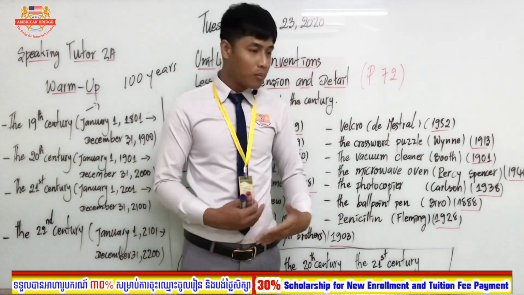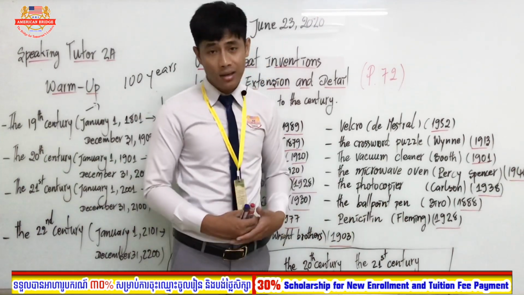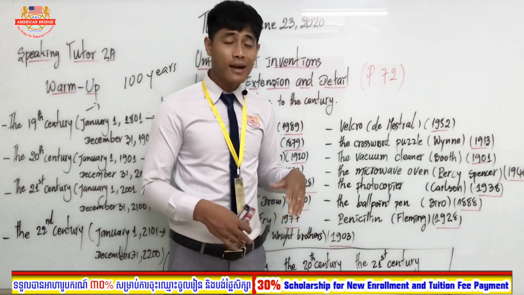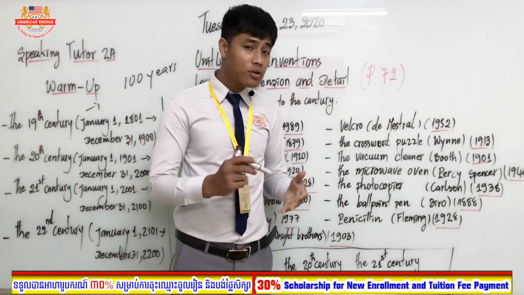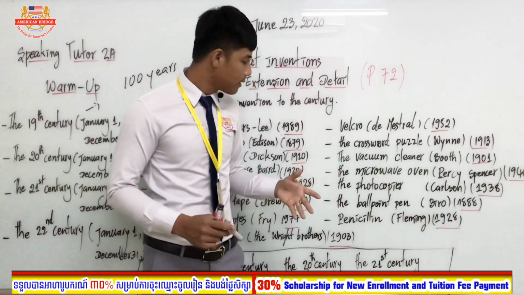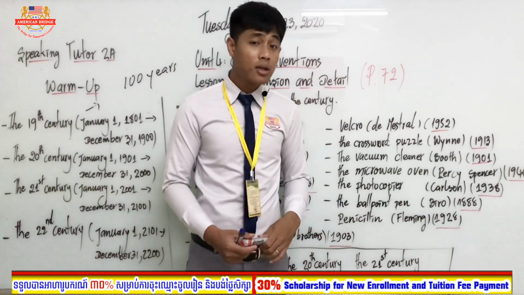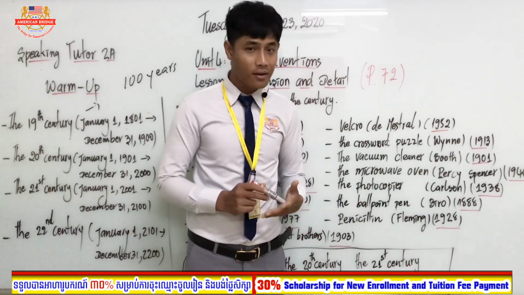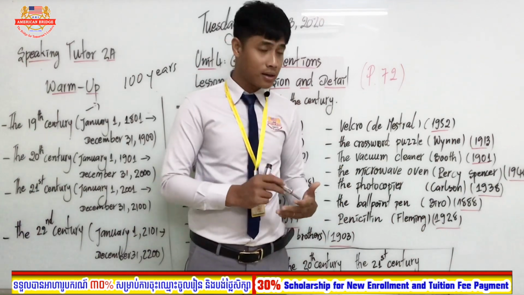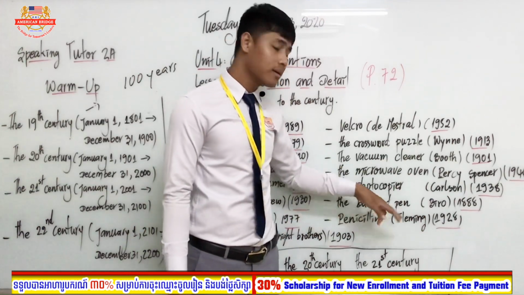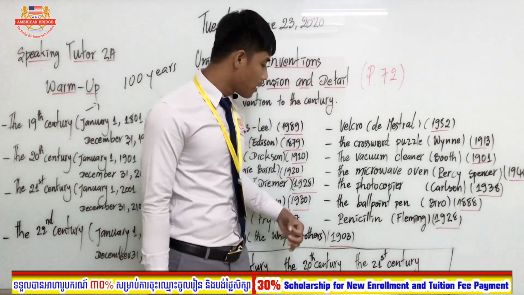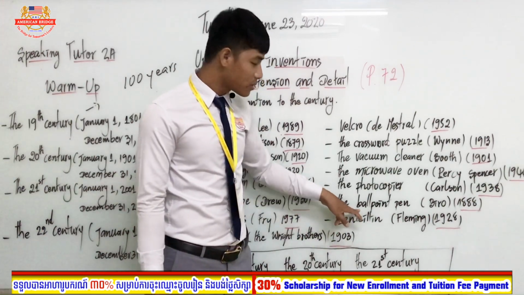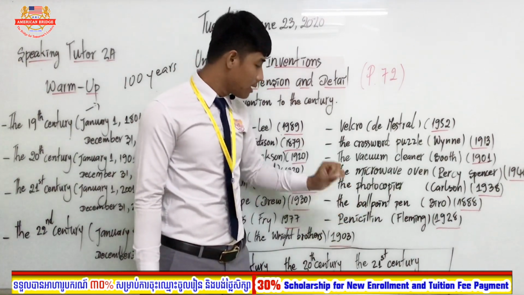Ballpoint pen. A ballpoint pen is a kind of pen that we use to write. We can say it's a special pen with special ink. Okay, the pen with special ink. So we call it a ballpoint pen.